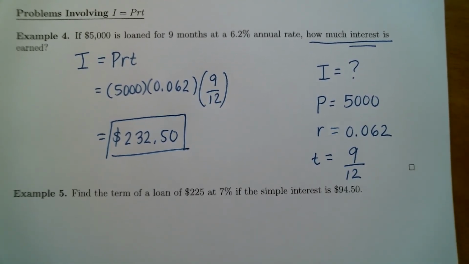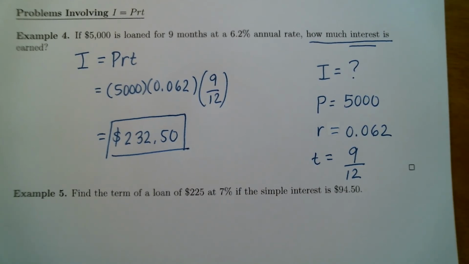When you're doing these types of problems, one of the good things is that you can gauge whether or not your answer is right. Does it make sense? You borrowed $5,000 in this problem, so this makes sense in terms of the amount of interest earned on this loan.